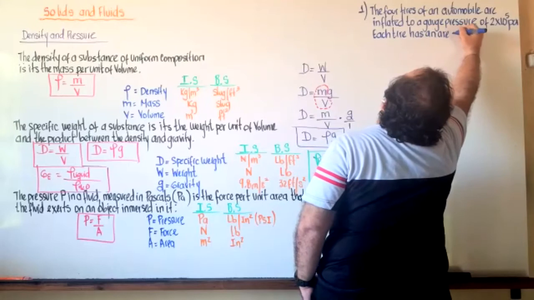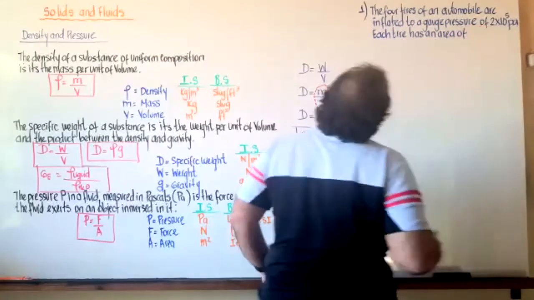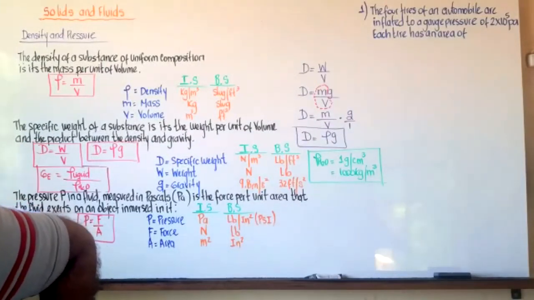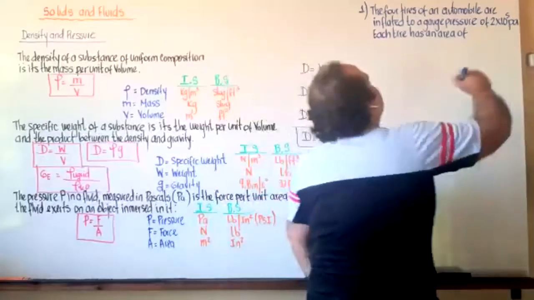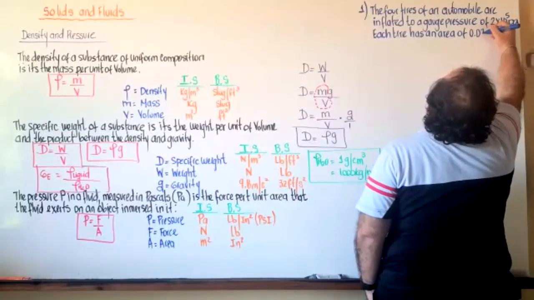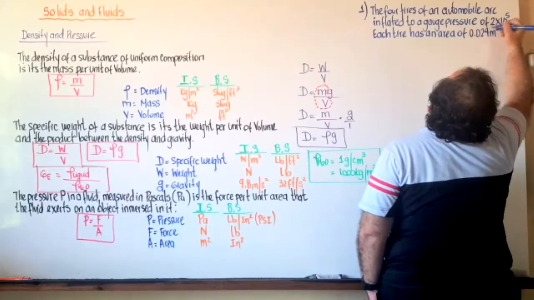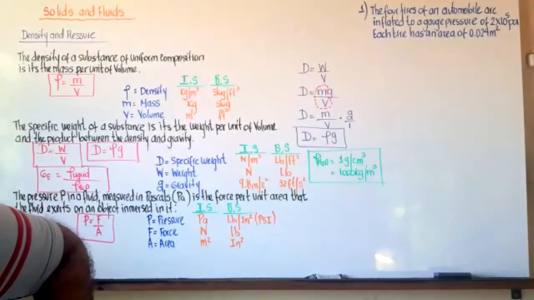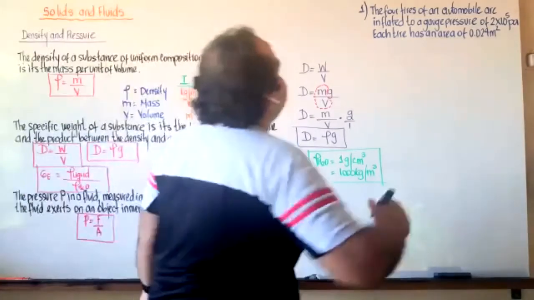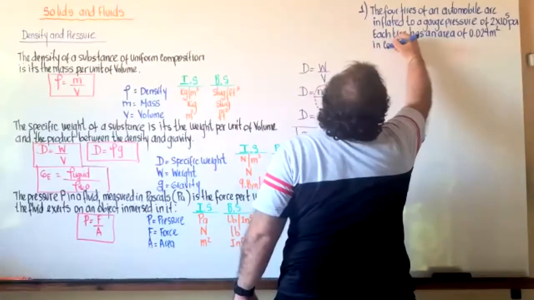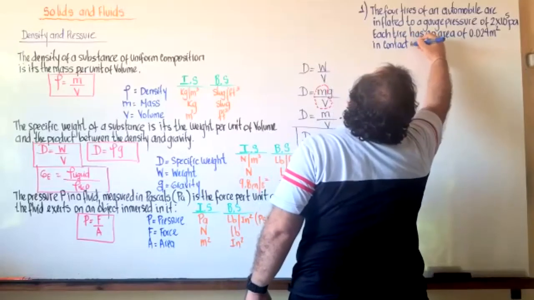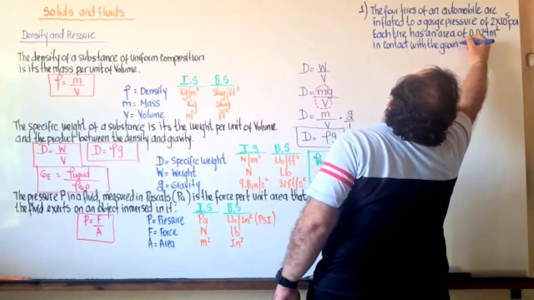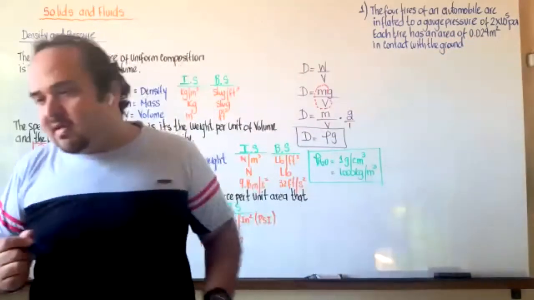Each tire has an area of 0.024 square meters in contact with the ground.